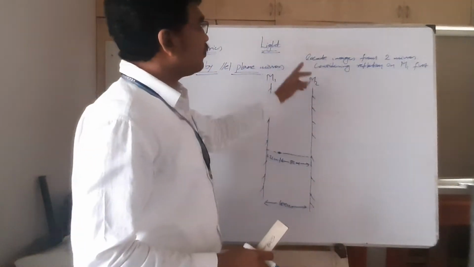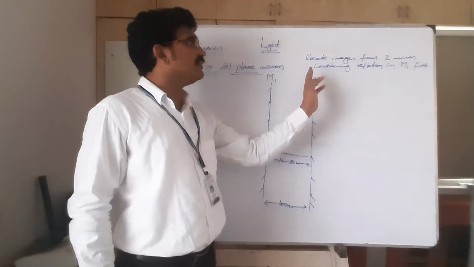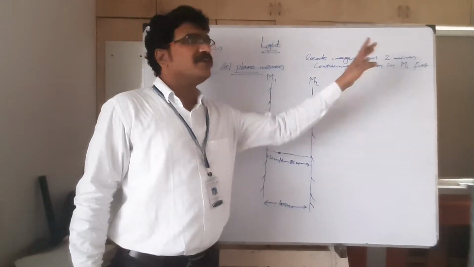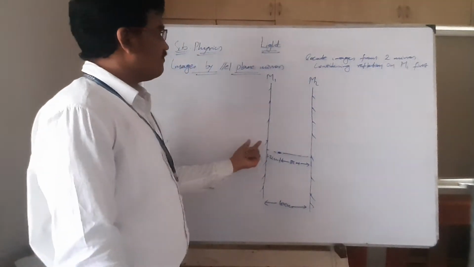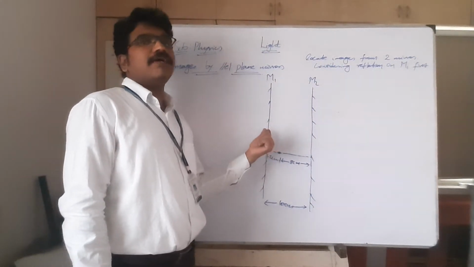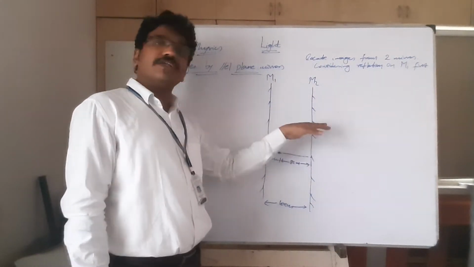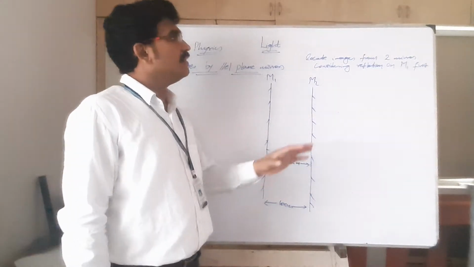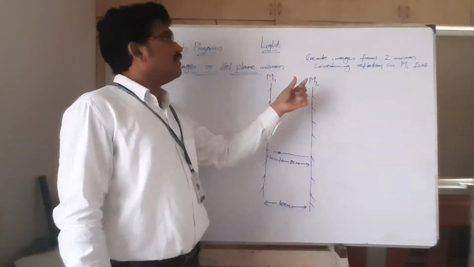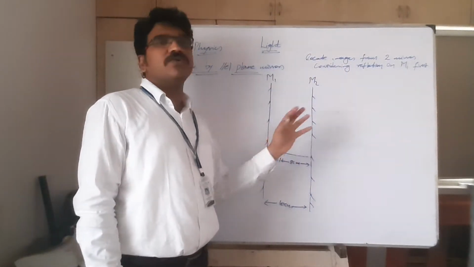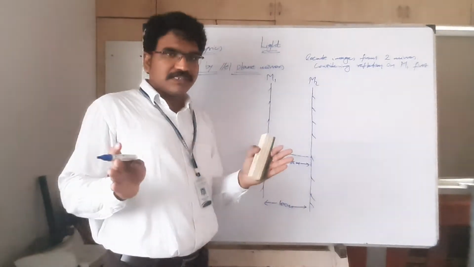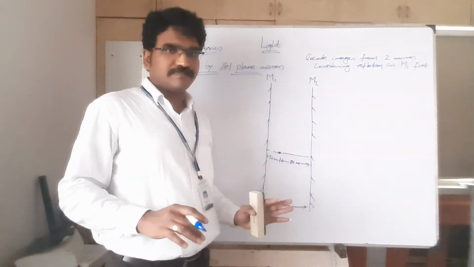You should understand the question here. Locate the images from two mirrors considering reflection on M1 first means the first reflection we are going to take on M1. You can take first reflection on M2 also, that is not the matter. But as per the condition I am speaking, considering reflection on M1 first, locate the images, thereby you can calculate the distances between the images.